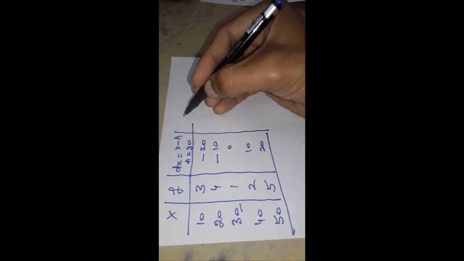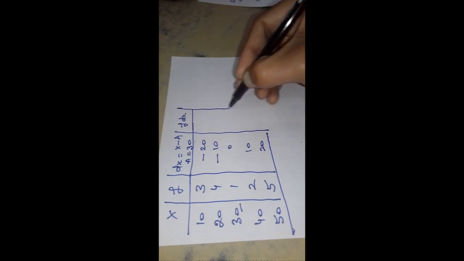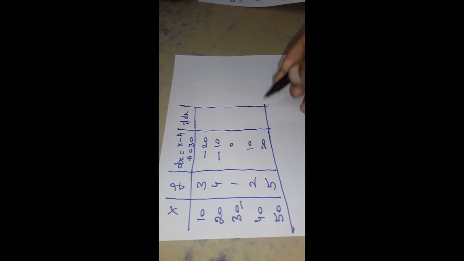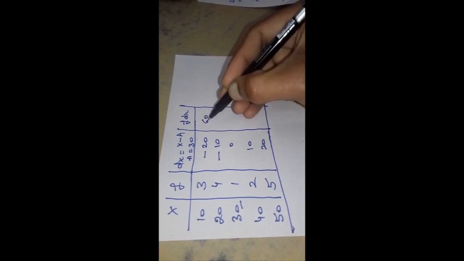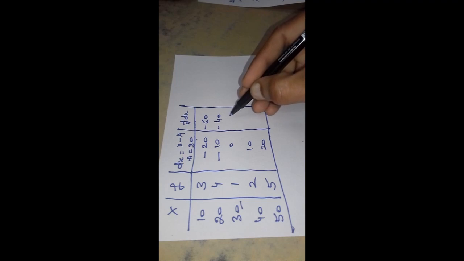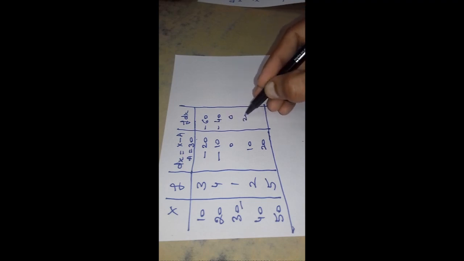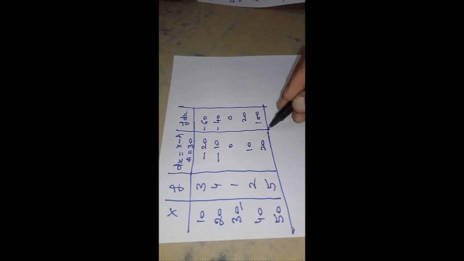Afterwards, the next step is f dx. Multiply the deviation of x with the f: minus 60, minus 40, 0, 20 and 100.